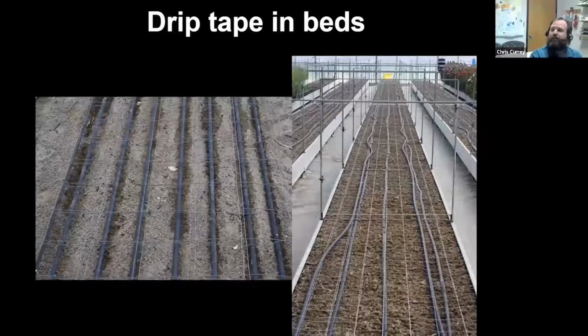So with cut flower production, we're trying to deliver that nutrient solution to the surface of our growing substrate or to the root zone. Now, you've already seen some drip tape in some of our examples, but here are some pictures more clearly showing its use in cut flower production. On the left-hand example, it's going to be drip tape that's laid down in a ground where, again, that field soil has been removed and it's been replaced by sand.